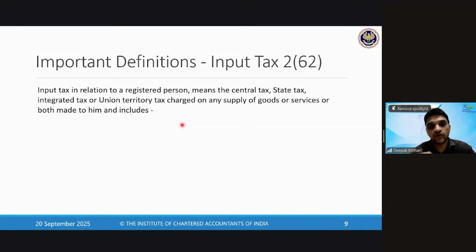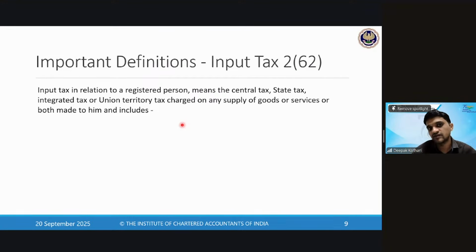Input tax in relation to a registered person. Meaning a registered person, from his perspective, what is input tax? Input tax means the central tax, which is central goods and service tax. State tax means the state goods and service tax. So if somebody is charging CGST and SGST, both of them are the input tax. And when he's doing any interstate purchases, then the person will charge IGST. So that is also input tax. And when he's procuring anything from a union territory, and he's also in a union territory, then CGST and UTGST will be charged.